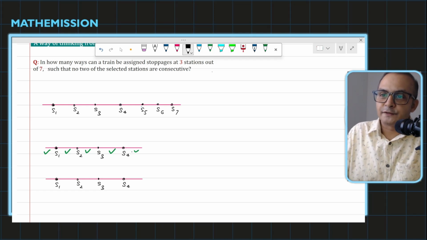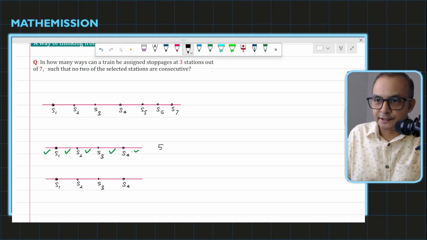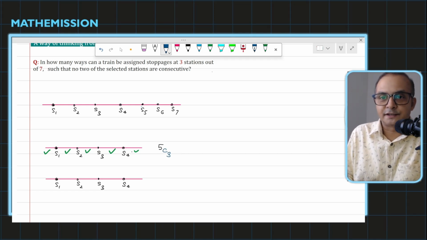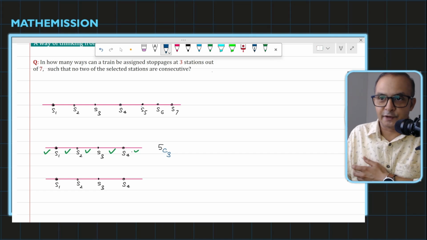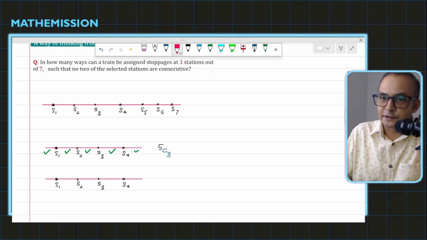And out of these 5 gaps, if I select 3 gaps, our work is done. Because on those 3 gaps, I will station the stations of choice, S5, S6 and S7, and they will never be consecutive again. So S5 here, let's say S6 here.